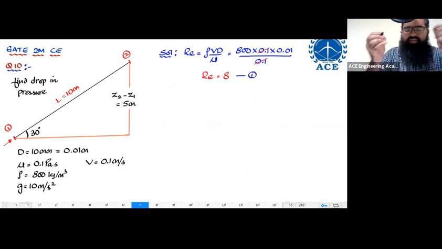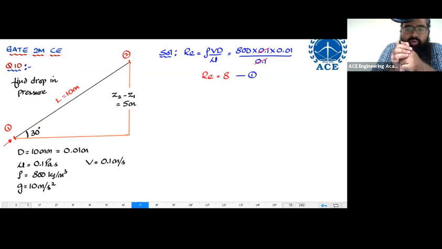Please understand this thing. Come out of that frame of mind of examination and think logically. The problem with the Bernoulli equation is that the moment the flow becomes real, it becomes difficult to apply. Listen carefully.